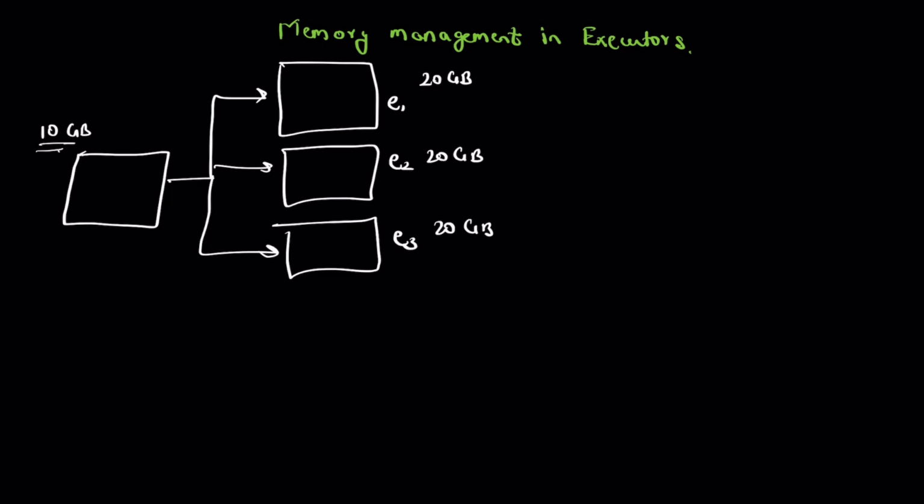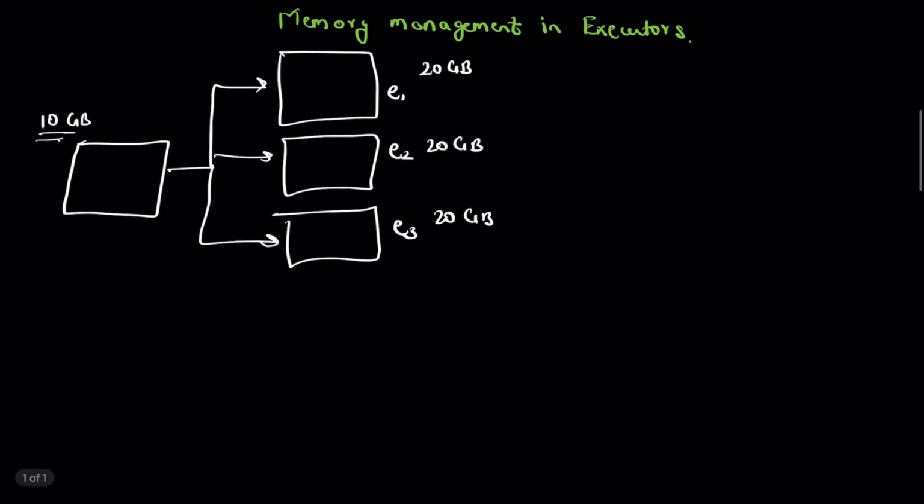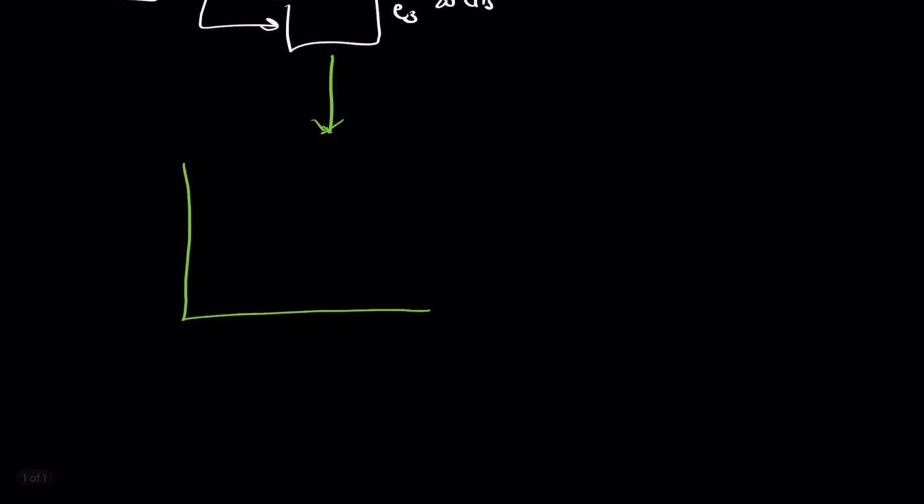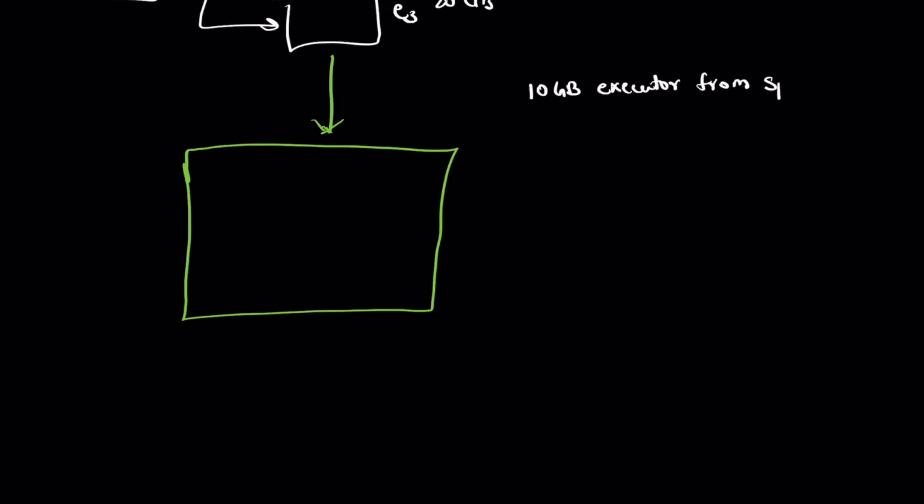Now to learn how memory is managed within the executors, let's zoom in on one of the executors. Suppose we request 10 GB of executor from Spark.